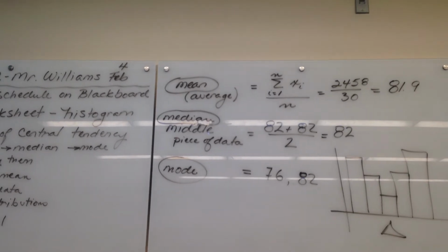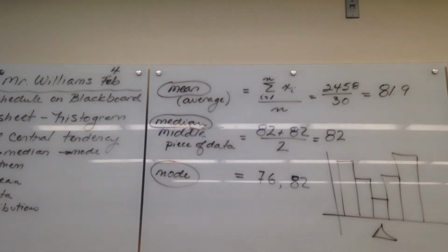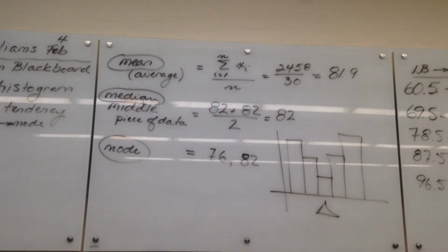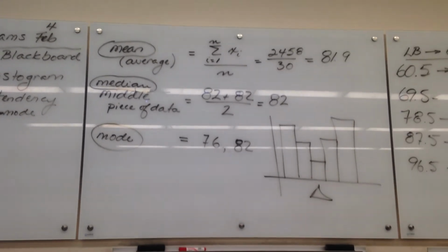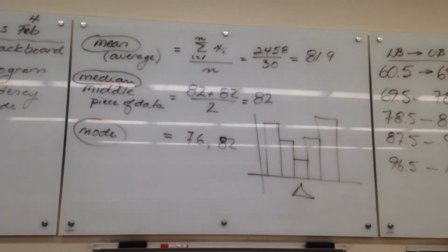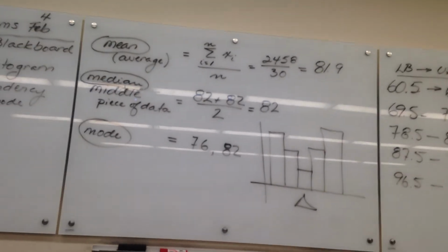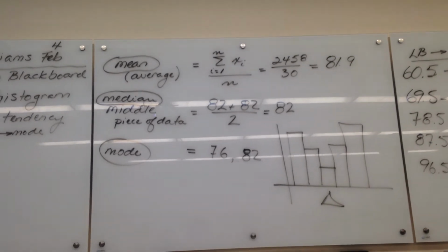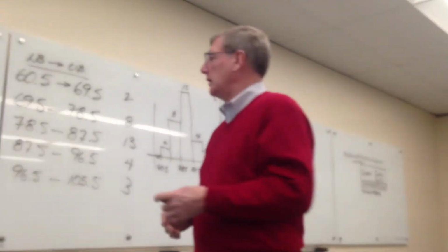If I did a 10% trim mean, that would mean that I get rid of 10% of the highest values and 10% of the lowest values. So if I had 30 pieces of data, I'd throw out 3 pieces at the top and 3 pieces at the bottom. That would trim each end by 10%.